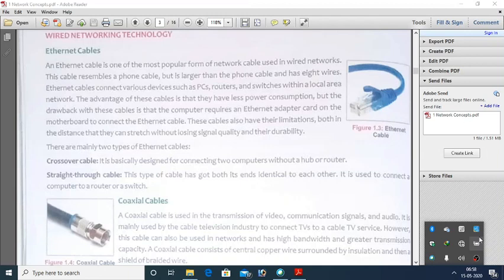This cable resembles a phone cable but is larger than the phone cable and has 8 wires. Ethernet cable connects various devices such as PCs, personal computers, routers, and switches within a local area network.